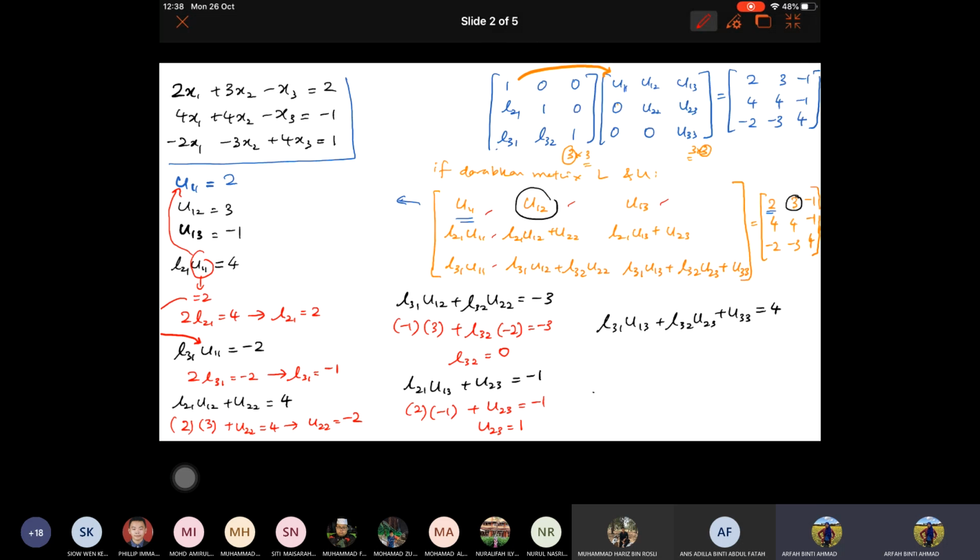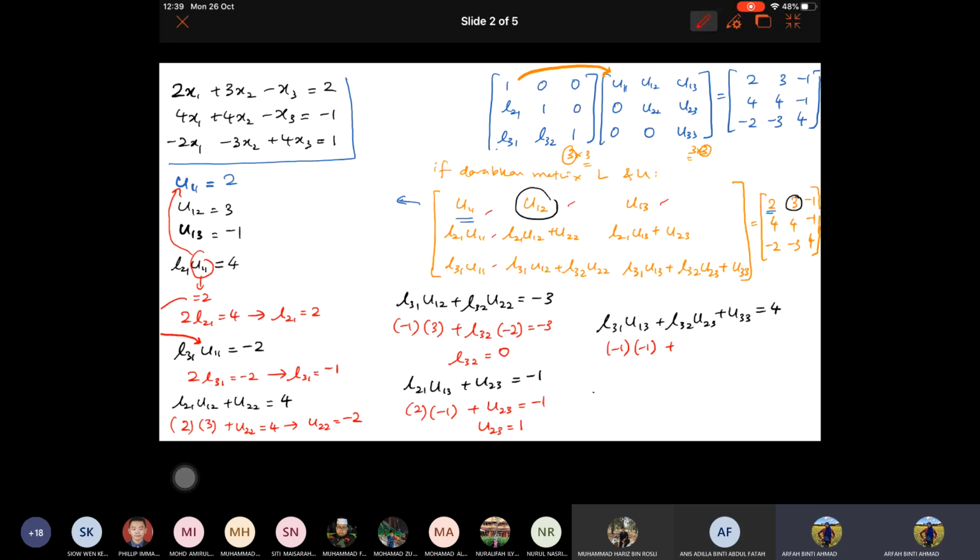So tengok L31 dah cari ke belum? L31 dah dapat -1 kan? U13 mana? U13 -1 juga. Tambah dengan L32, mana L32?